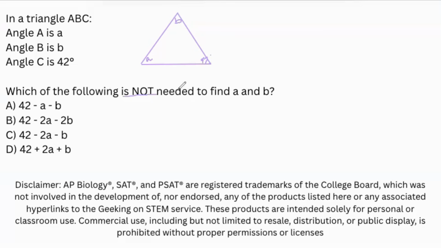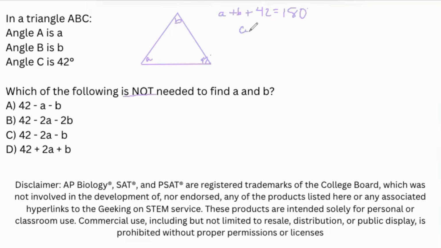So for triangle ABC, we know that the sum of all of the angles has to equal 180 degrees. So A plus B plus C, which we now know is equivalent to 42, equals 180 degrees. Bringing 42 to the other side will give you 138. You could type that into Desmos by subtracting 42 from both sides.